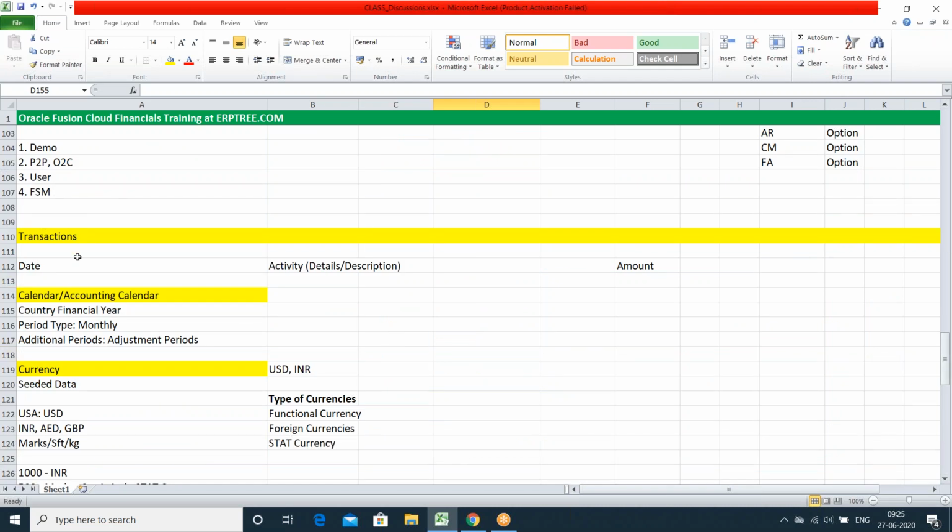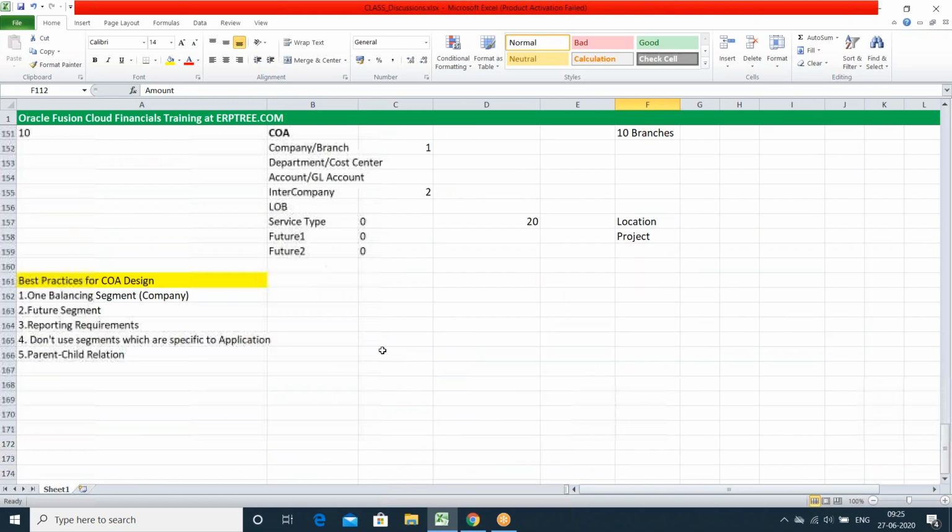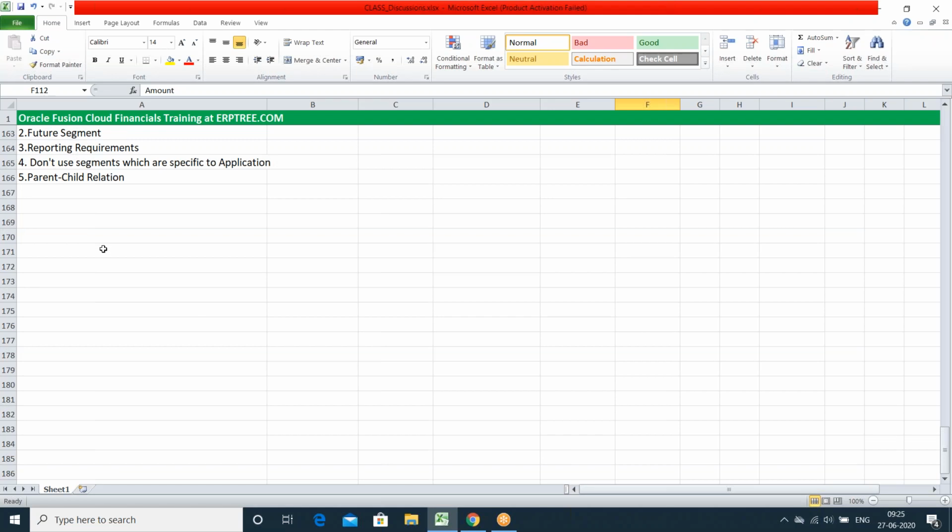Now to create the transaction, we require date, the details, amount. This is what we discussed. To capture the date, we need a calendar, right? To address which currency the amount belongs to, we require currency information.